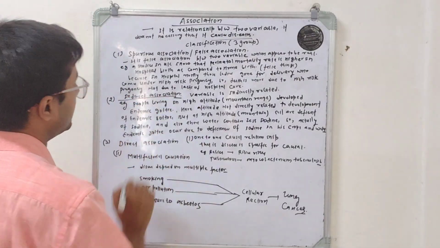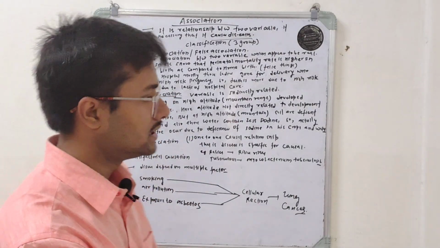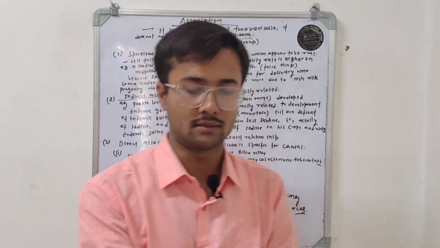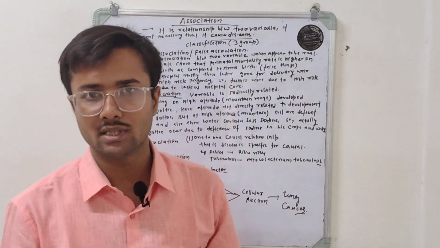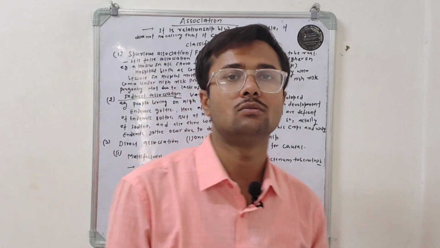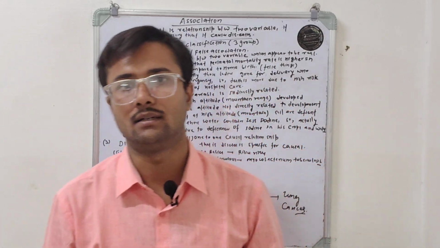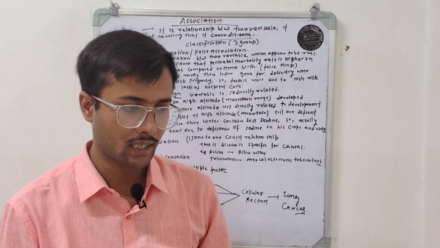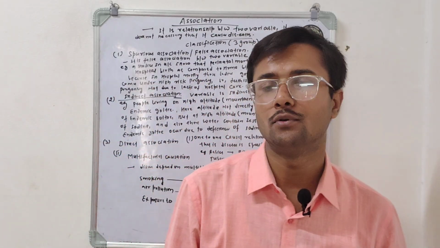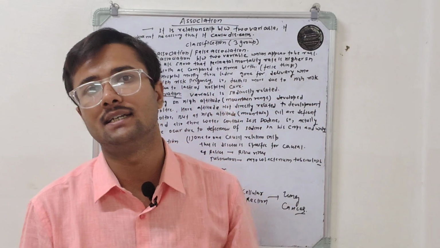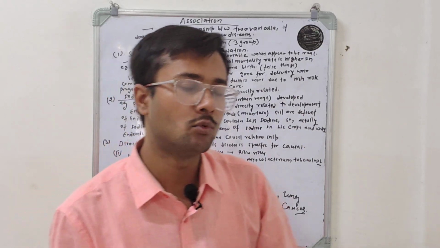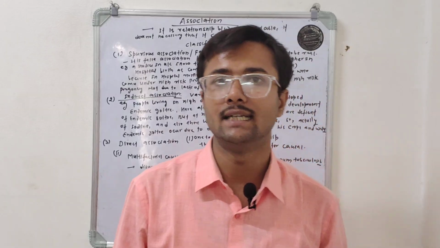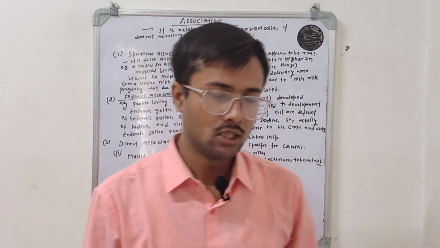The second type is indirect association. What does indirect association mean? Indirect association means the cause is indirectly related to the effect. For example, it is observed that people living at high altitudes, mostly in mountain regions, are more prone to developing endemic goiter.